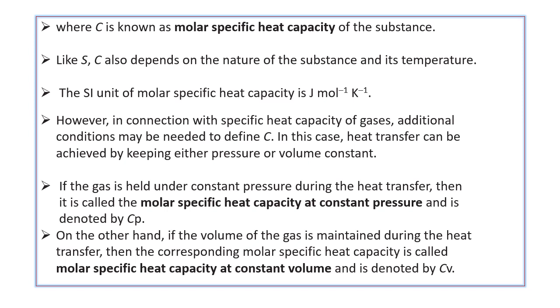Here C is known as molar specific heat capacity. Like s, C also depends on the nature of the substance and its temperature, and its SI unit is joule per kelvin per mole.